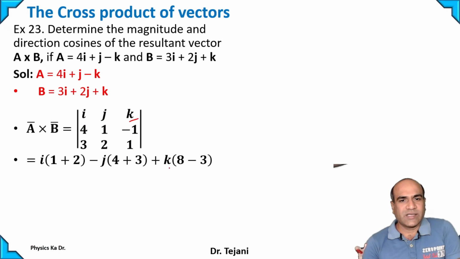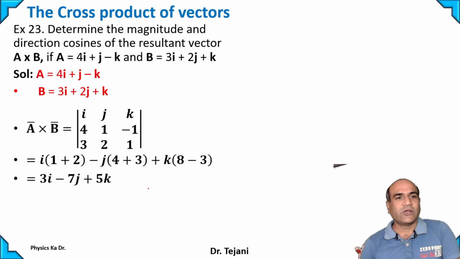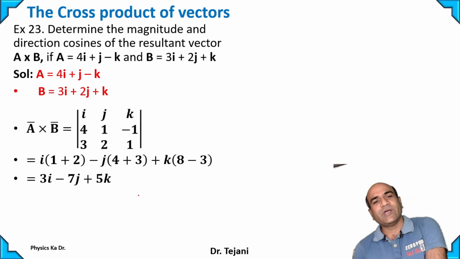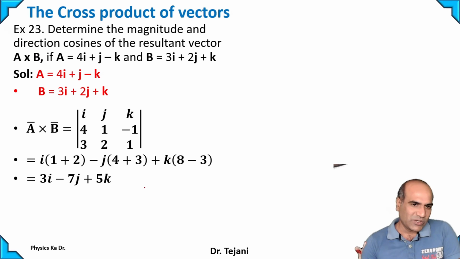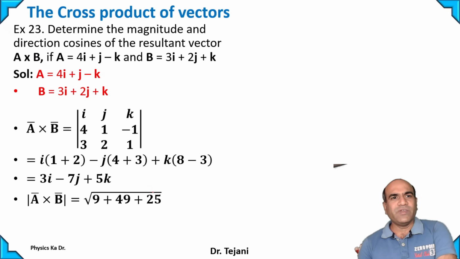And the last one is k. Hide this, 4 multiplied by 2 becomes 8 and minus 3. We may simplify this here. So finally we get 3i minus 7j plus 5k. That is the solution.